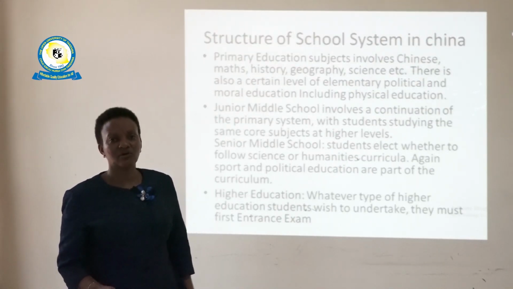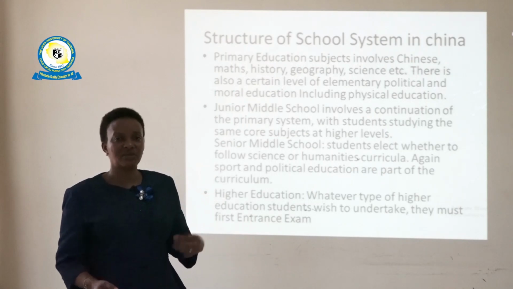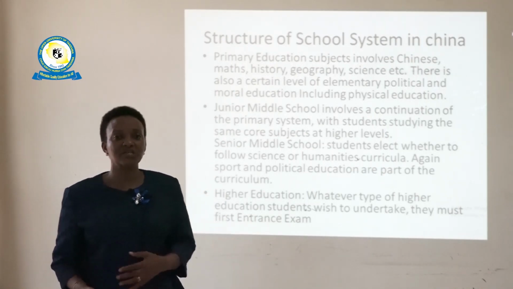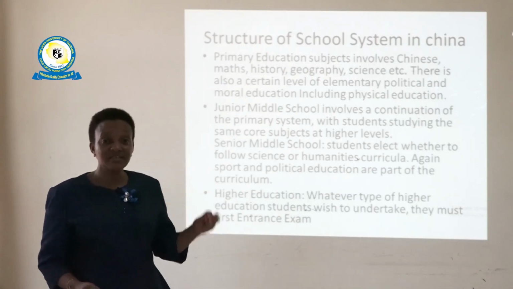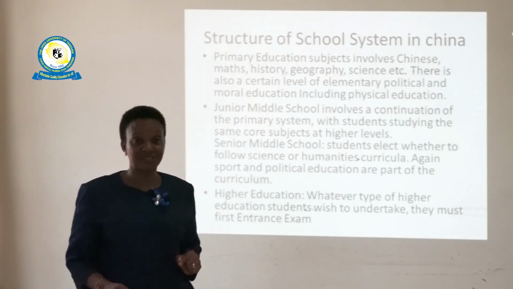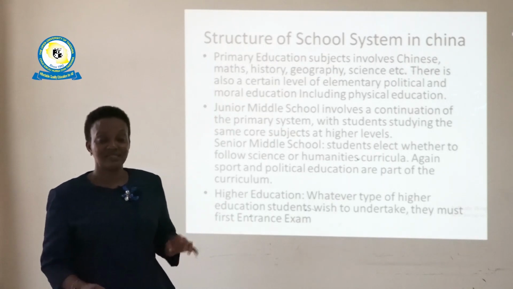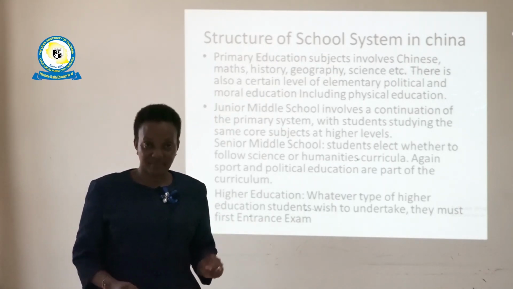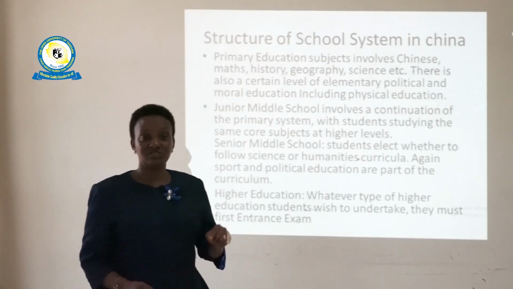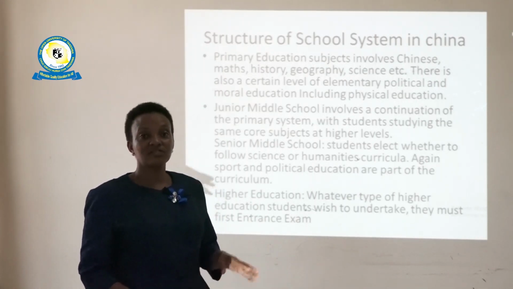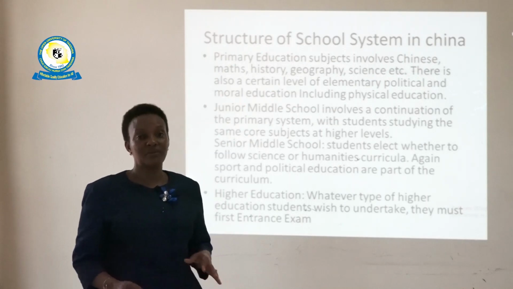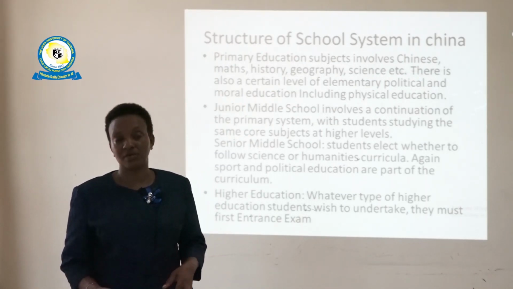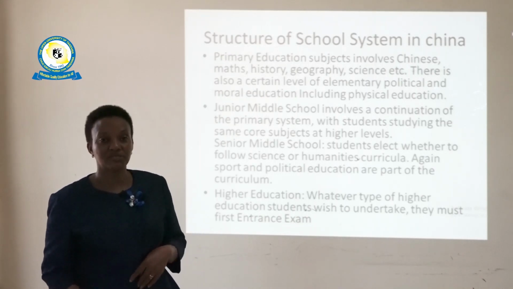What is the structure of the education in China? As we have said, the primary education subjects involve Chinese, so any primary education child in China has to learn Chinese. There is mathematics, history, geography, and science. There is also a certain level of elementary political and moral education, including physical education.